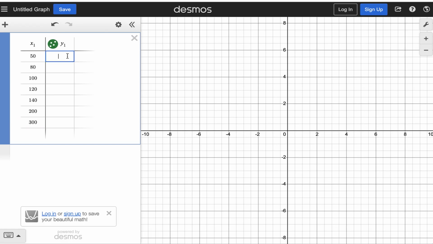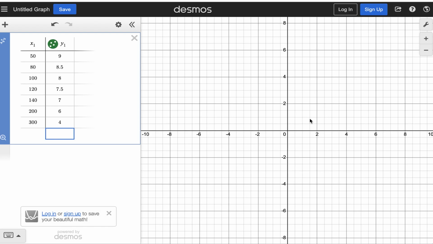And the gallons left in the tank were 9, 8.5, 8, 7.5, 7, 6, and 4.